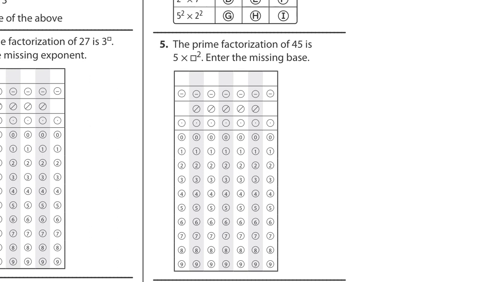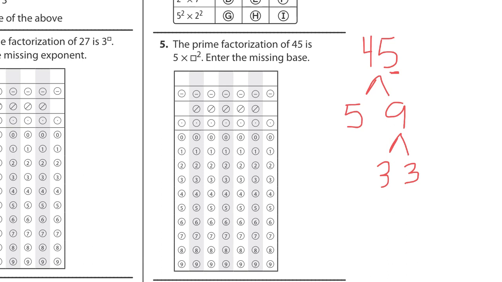So we need to see the factor tree for 45. 45 divided by 5, because it ends in 5, so it's divisible by 5, is 5 times 9, and 9 is 3 times 3.